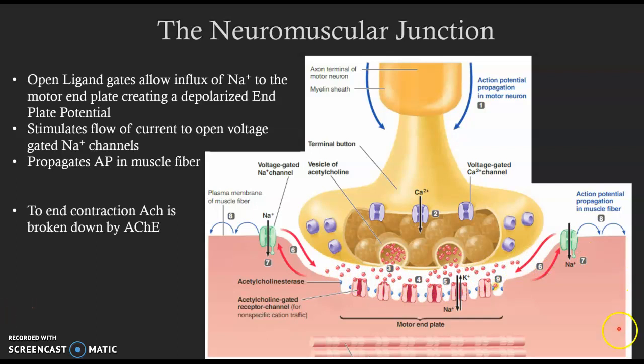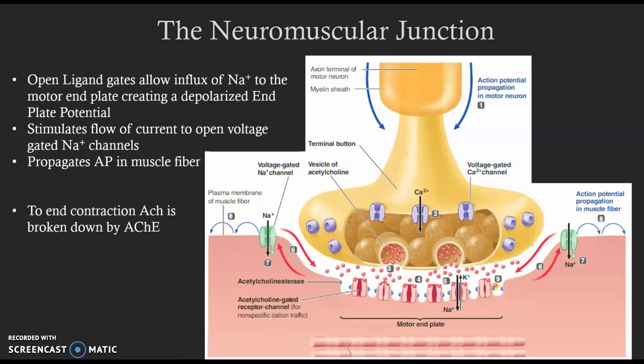And as it breaks it down, then that muscle contraction will stop because there's no longer the acetylcholine opening those ligand-gated channels. Therefore, it stops the influx of sodium. Therefore, it stops the voltage-gated channels for sodium being opened, and now our muscle can relax.